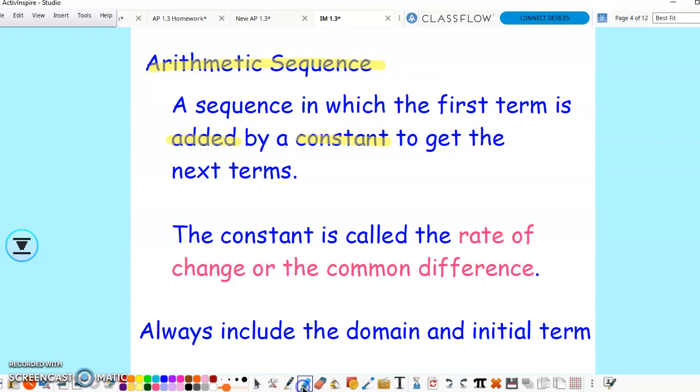And that constant is called the rate of change, or you can use the common difference. And always make sure you include the domain and the initial term each time you talk about an arithmetic sequence. Okay, so go ahead and get that into your notes.